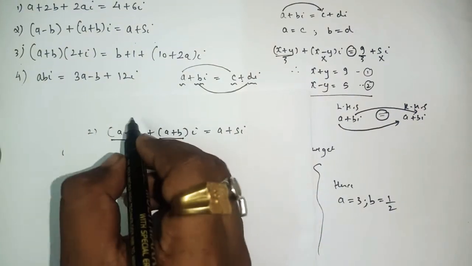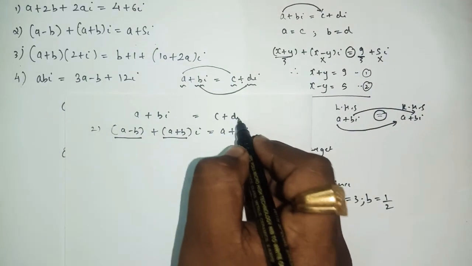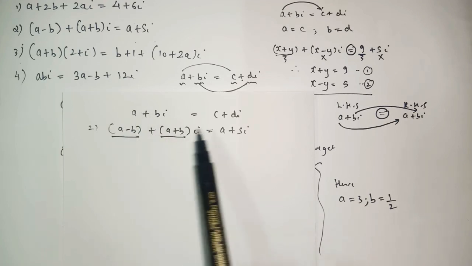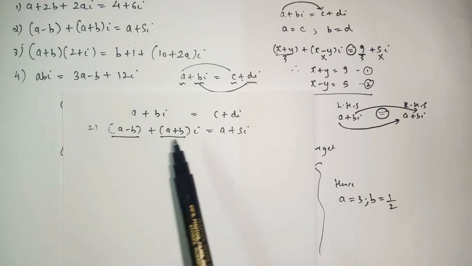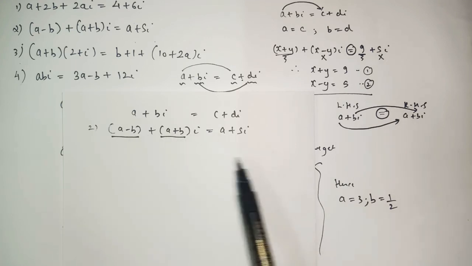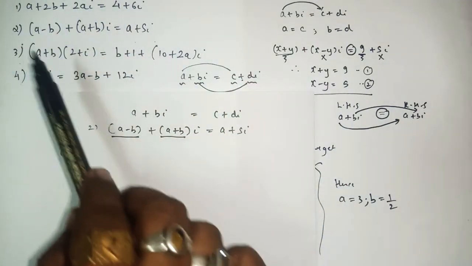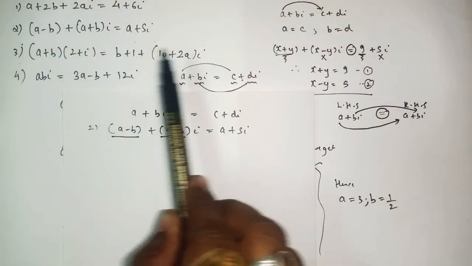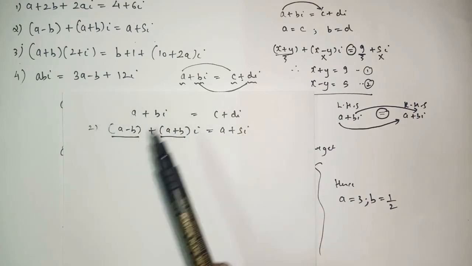So comparing with a plus bi equals c plus di, clearly the left hand side is in the form of a plus bi and the right hand side is in the form of c plus di. So simply equating the real part and the imaginary part, you can find your a and b. In short, whatever the condition, you have to convert the left hand side as a plus bi and the right hand side as c plus di, compare the real part and the imaginary part, and you will get the answer.